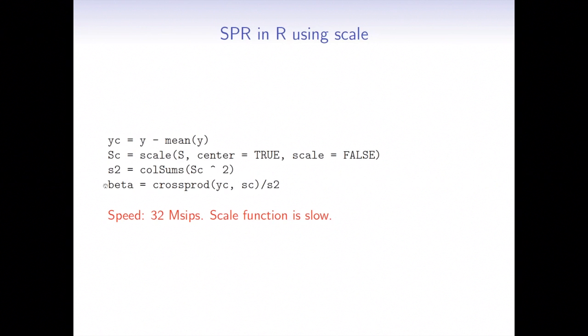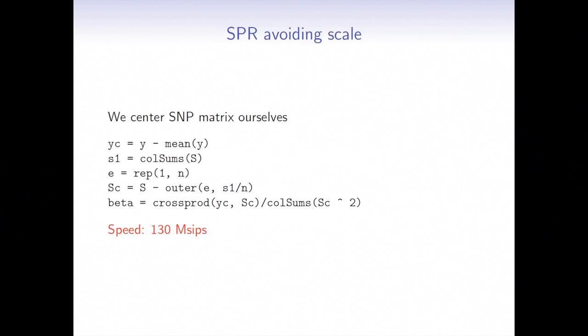And the operation of transpose y with the centered SNPs is done using the crossprod function. And then we see that I achieved a speed of 32 megasips, which is actually slower than doing the explicit solution in a loop, which we saw previously. So that is a little bit disappointing, but that is also suggesting that clearly the slowing down part is the function scale. So what we wanted to do, we wanted to avoid that function.